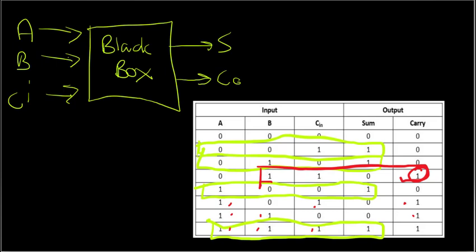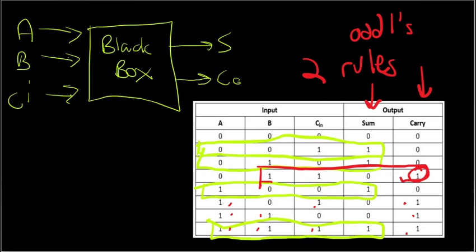So carry is also 1 here. So that's 2 rules, 1 for carry, 1 for sum. Sum needs to have an odd number of 1s, whilst carry needs to have greater than 1 number of 1s, i.e. 2 or more.